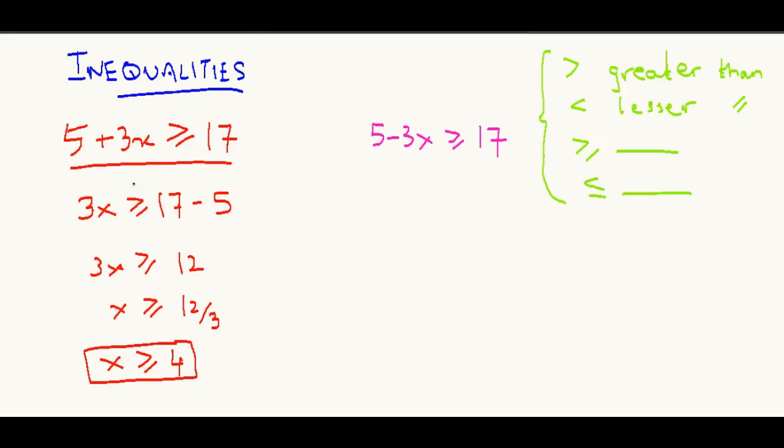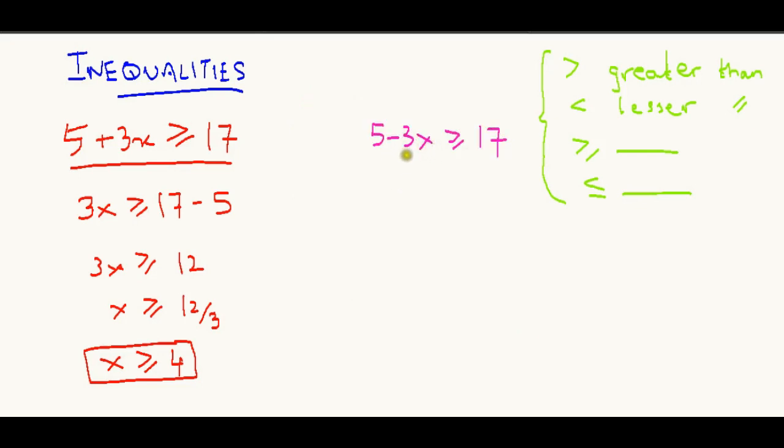If x is greater than 4, for example 5, and we plug in 5 over here, 3 fives are 15, and then we have 5, so that's going to be 20. The left hand side is going to be 20, and then we have a greater than or equal to sign over here, and then 17. So of course 20 is greater than or equal to 17, and the inequality is satisfied in this case as well.